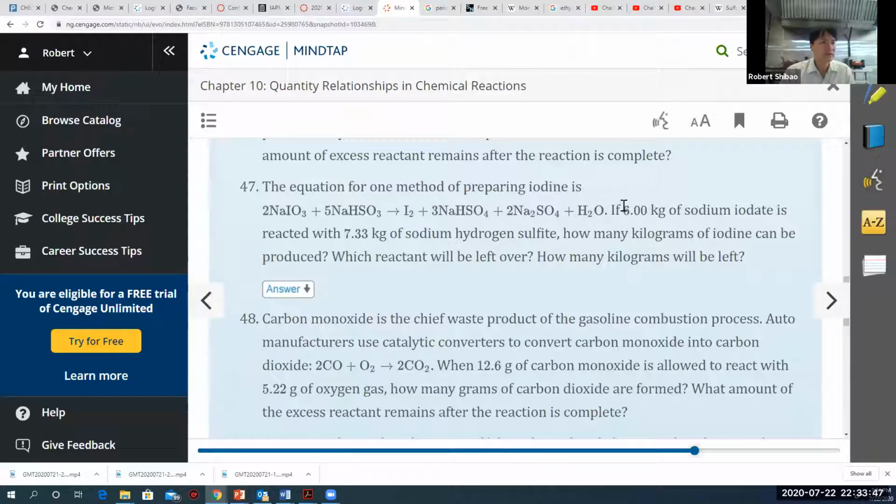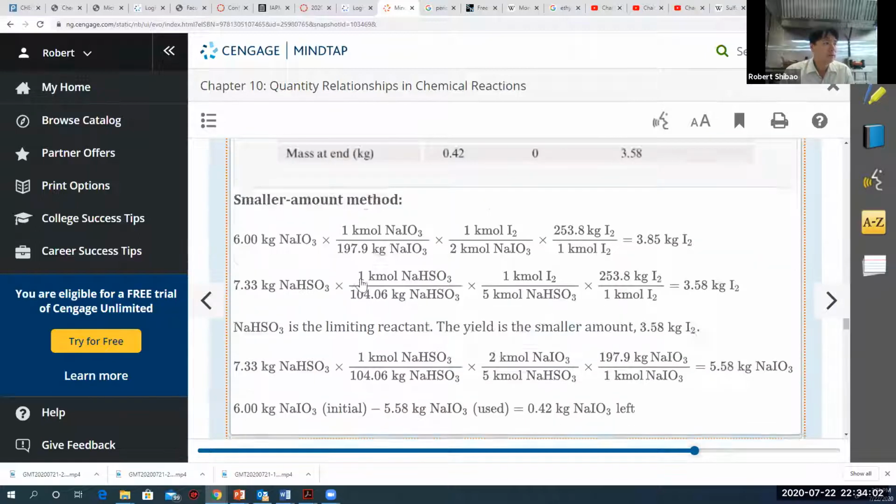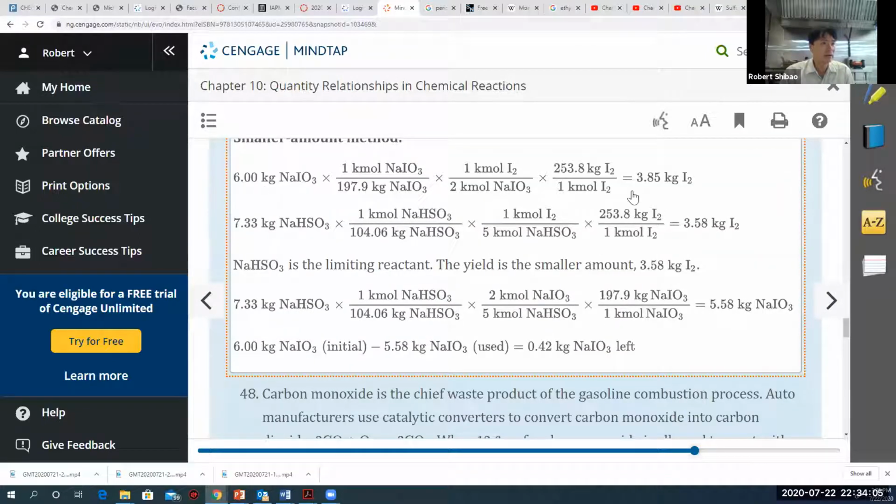And so we have 6 kilograms of sodium iodate, 7.33 kilograms of sodium hydrogen sulfite. So we calculate the yield from this reactant, and see which one's smaller. Calculate the yield from this reactant, we get 3.85 kilograms of iodine.